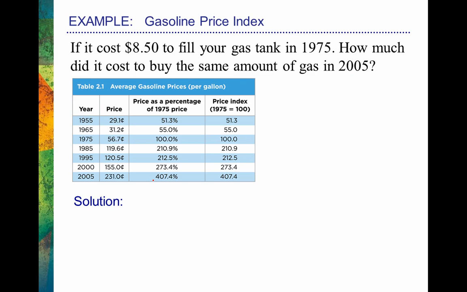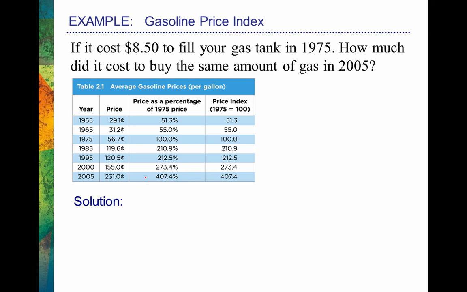Well, remember, we can see here, according to our index, it costs about 4 times as much in 2005 to buy the same amount of gas, because we're using 1975 as the reference point, and 1975 is when we paid $8.50.